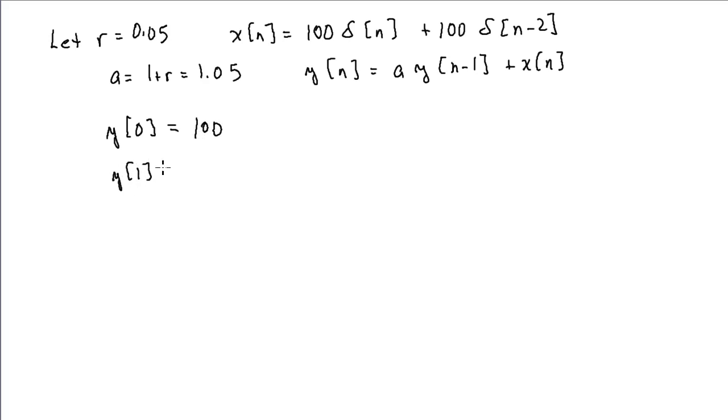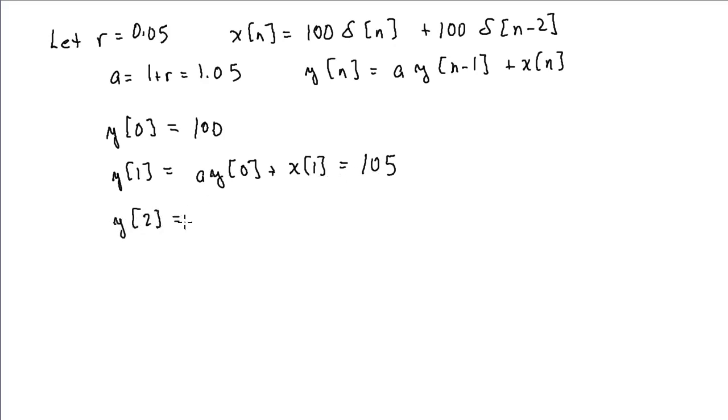Okay. Y of 1 is a times y of 0, so that's 1.05 times 100 plus x of 1. X of 1 is 0. It only has non-zero values at n equal to 0 and n equal to 2. So in the second year, my account balance would be 105.